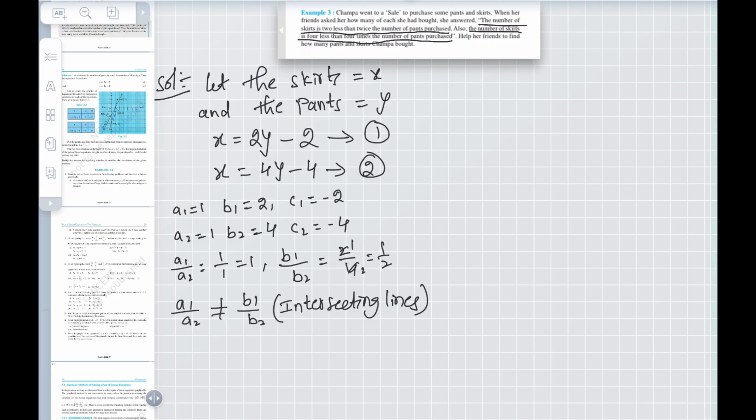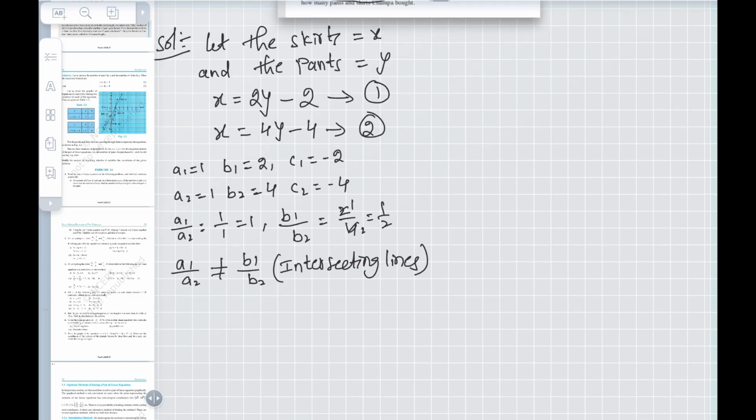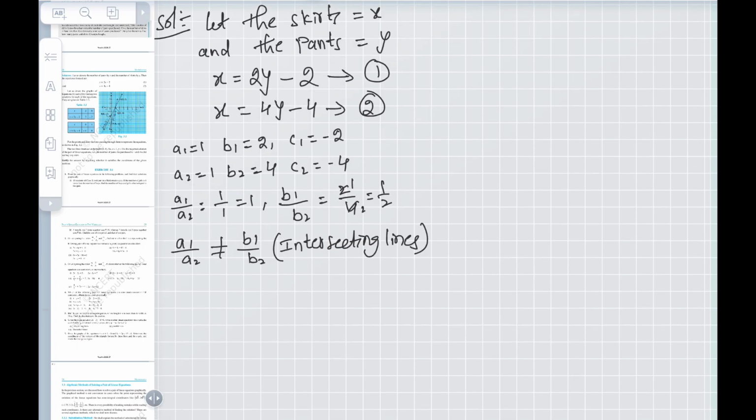Now let us find 2 points of each equation. See here, first equation: x equals 2y minus 2. This is equation 1. Let us find 2 points, enough.